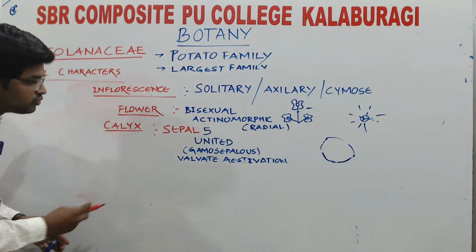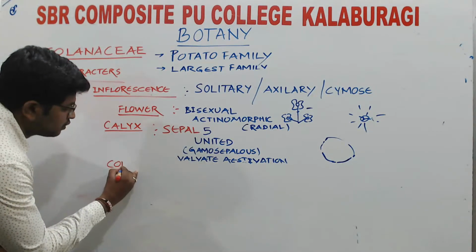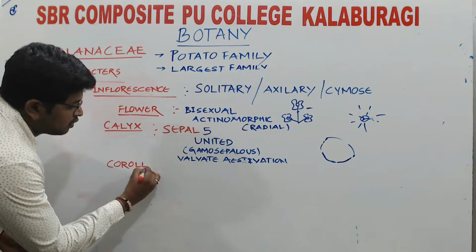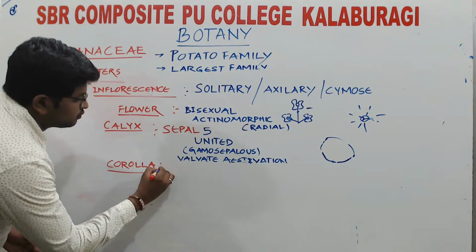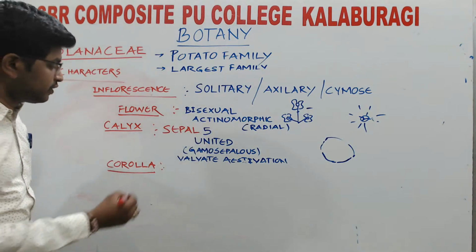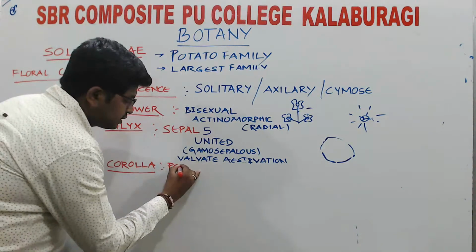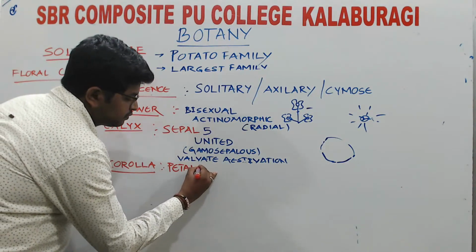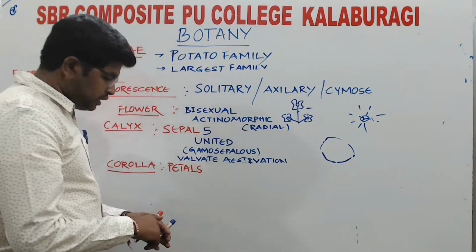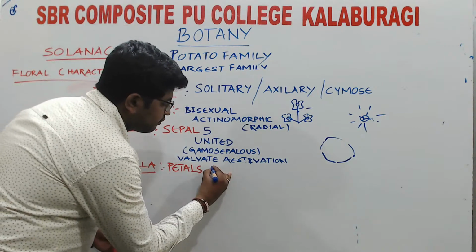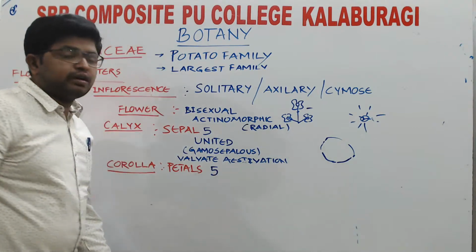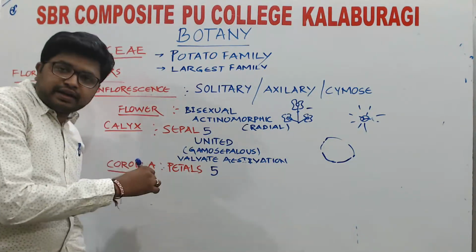Next, corolla. The members of the corolla we call petals. How many petals? Here also you will observe 5. Are they united?